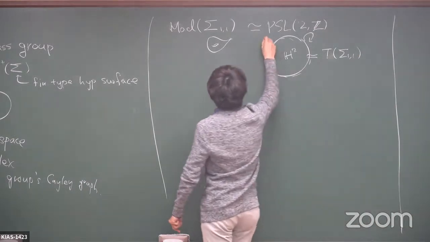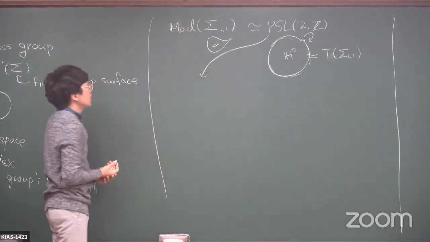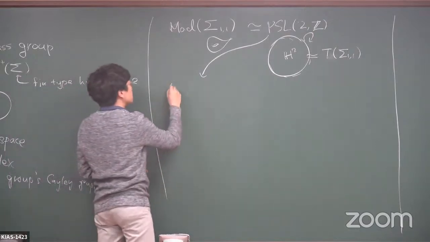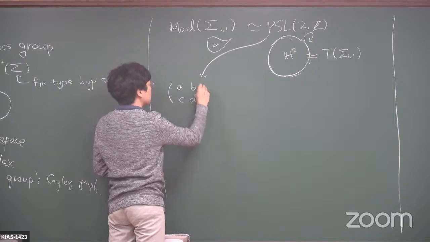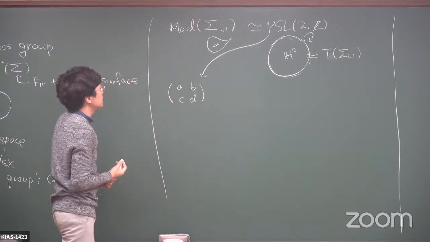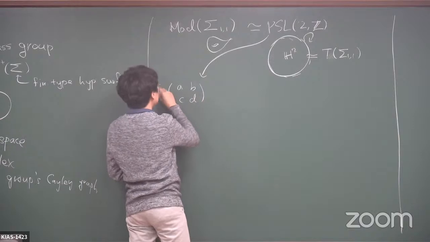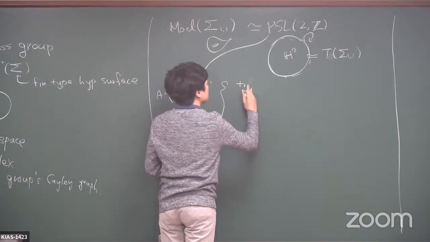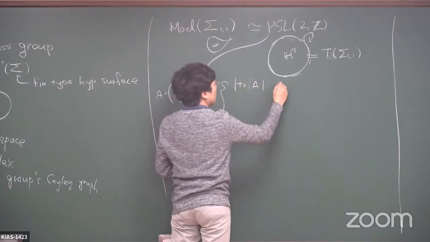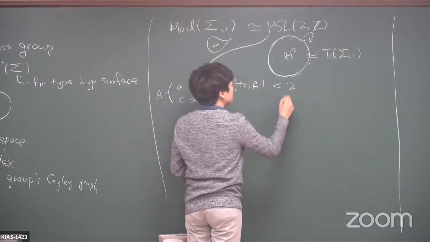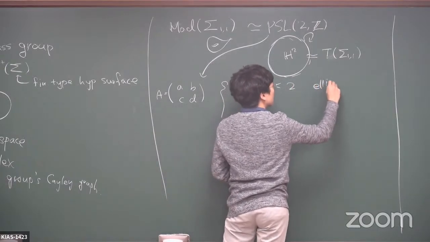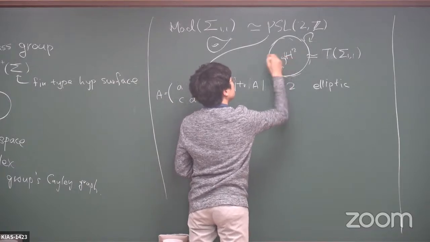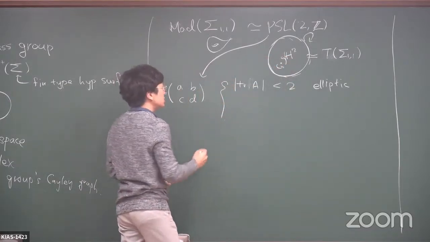And then we all know the dynamical properties of the matrices. If a matrix in this PSL2(Z) has trace with absolute value smaller than 2, then this is called elliptic, which has an action like a rotation around a fixed point.